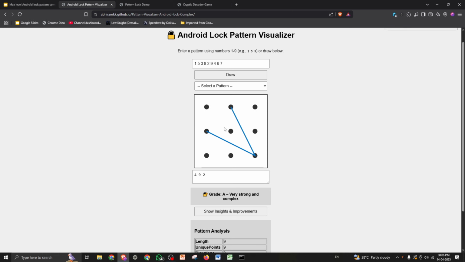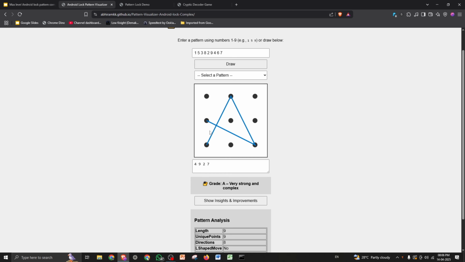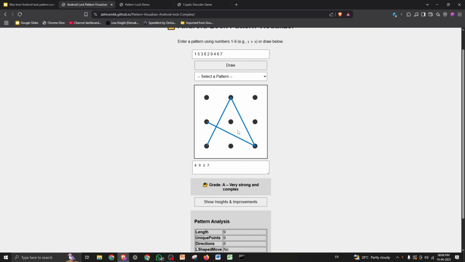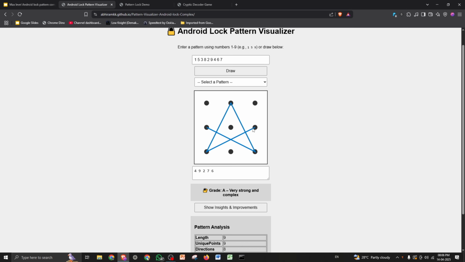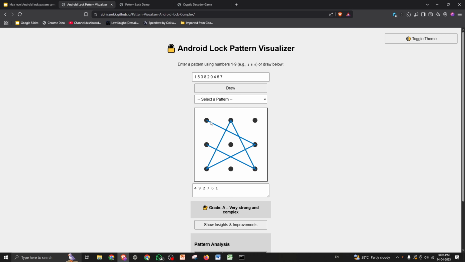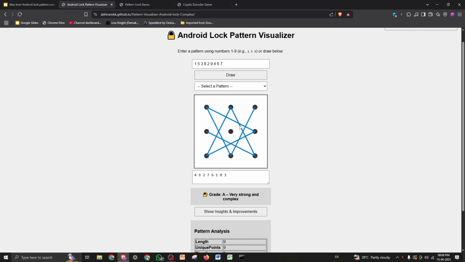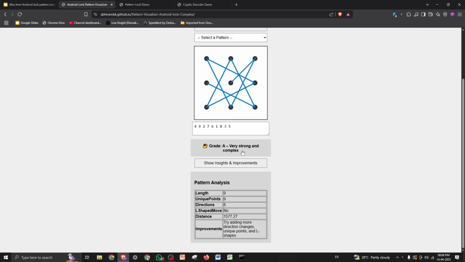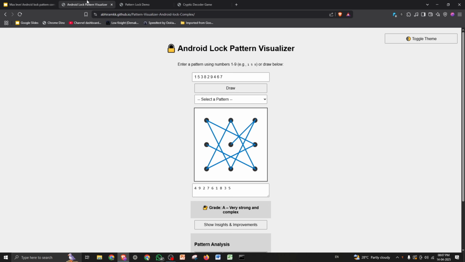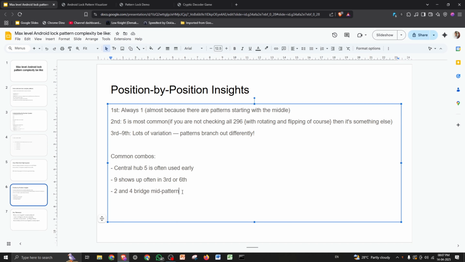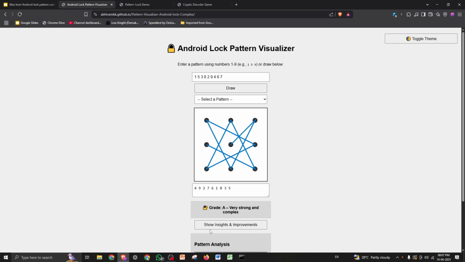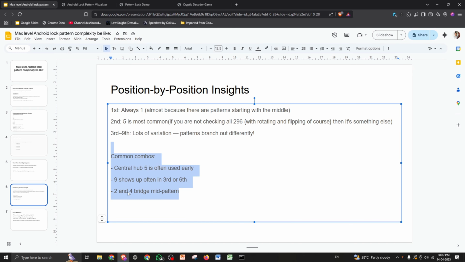This thing is 7,000. Nice. So, not 7,000, 1,700. Okay, anyways. So these are common combos.